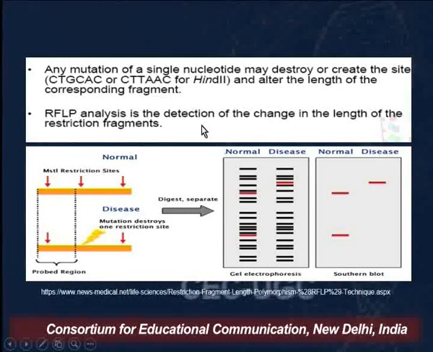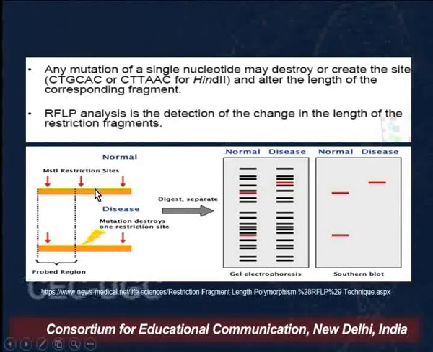If we are comparing the DNA of two different individuals, in one individual the restriction sites are present at these points, while in another individual, because of variations in the genome, one of these restriction enzyme sites is disrupted. For example, there is a nucleotide change, or an insertion or deletion, so that the site is disrupted.